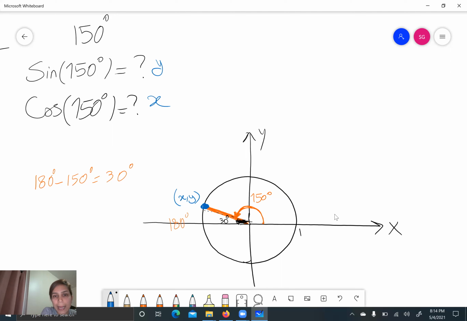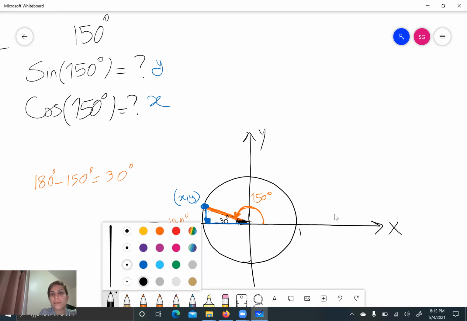But the thing is that if you look carefully, when you draw this right triangle, because it has the 30 degree angle, I can use 30 in order to do my calculation. So look, maybe I draw something bigger here.